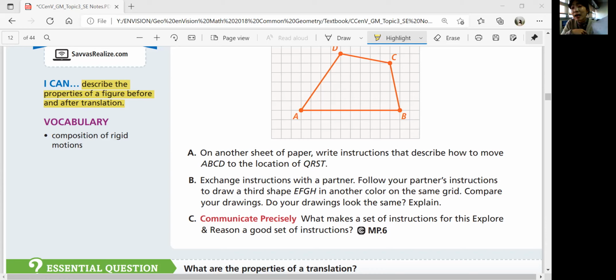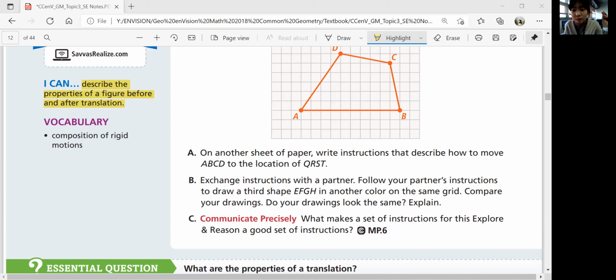You can't just say, oh, it went down 3, even if you had a horizontal movement, right? You need to have instructions for both horizontal and vertical, okay? Even if you don't have a movement for horizontal or vertical, you have to specify there were no horizontal movement or there were no vertical movement, okay?